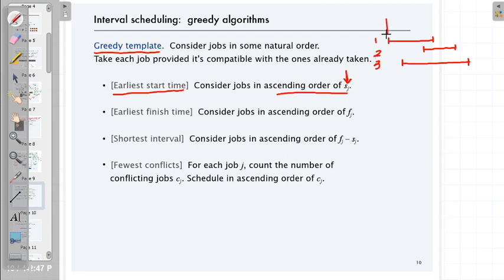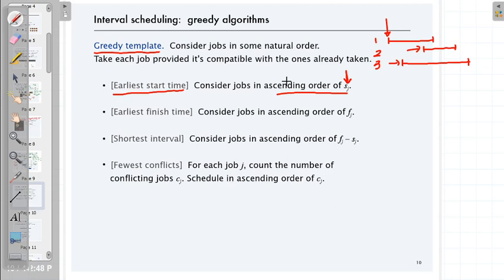This is the first start time. If I sort the jobs based on start time, then this will come first, then this, then this. So whichever is starting from the earliest start time, if I consider, how will we be scheduling the jobs?